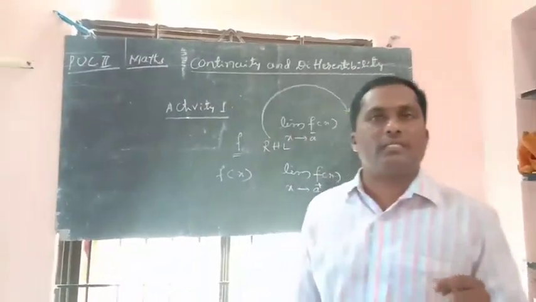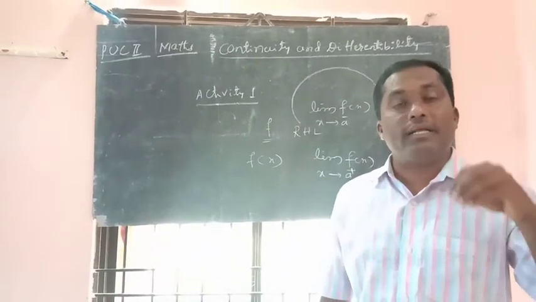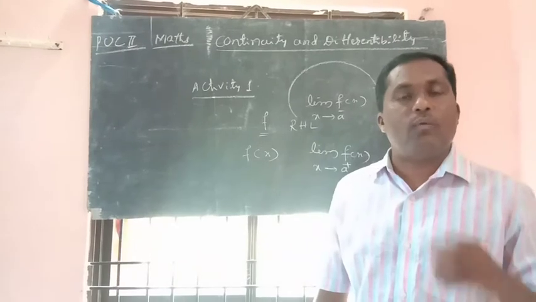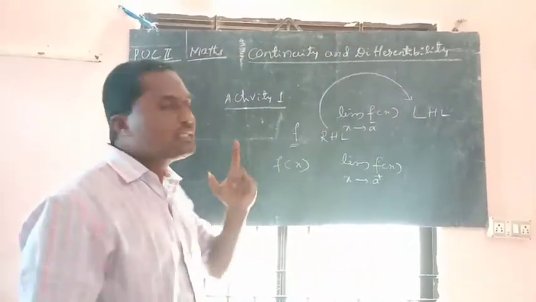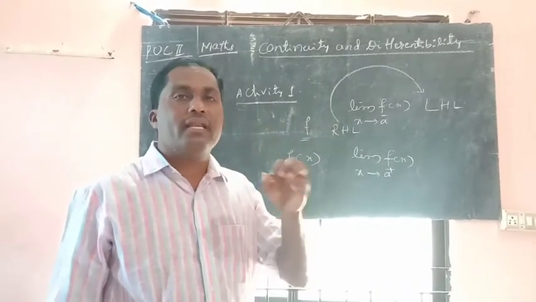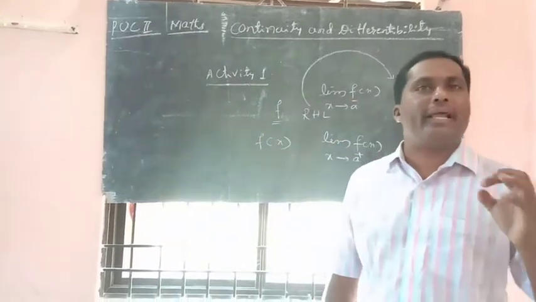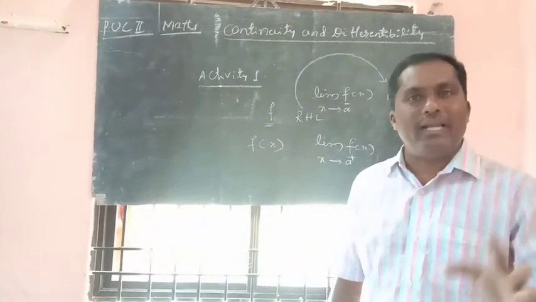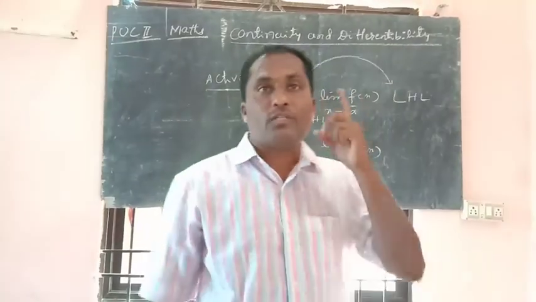Such a function is called a continuous function. Once again, students, remember this: a function f of x is continuous if and only if the left hand and right hand limits hold good, both are equal. That is called a continuous function.